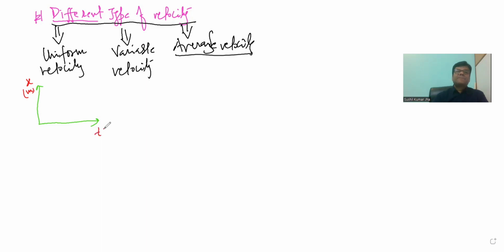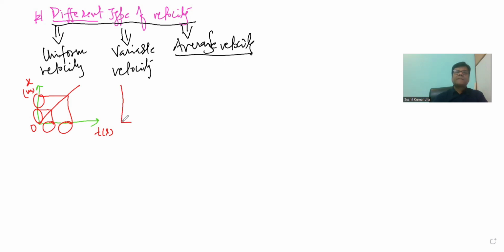Time remains the same, second. Uniform, we can have a straight line. So in each time interval, this will be uniform. Means when equal displacements are covered in equal intervals of time, then it is said to be uniform velocity. So only displacement is coming.